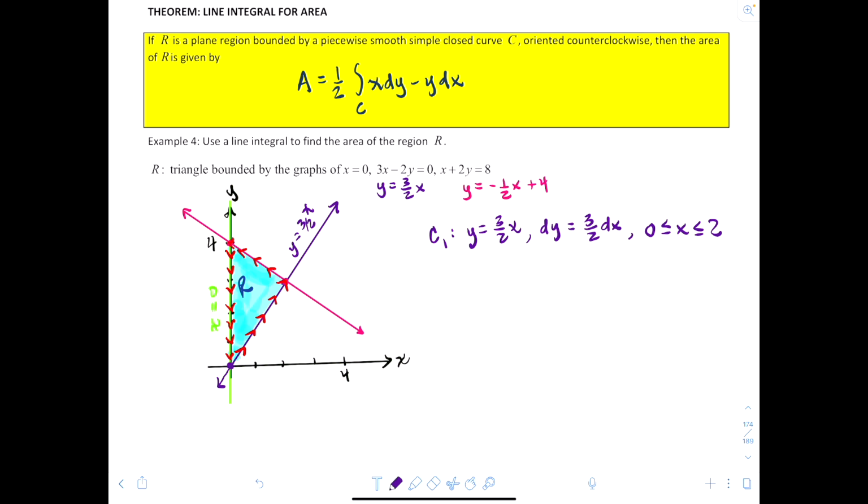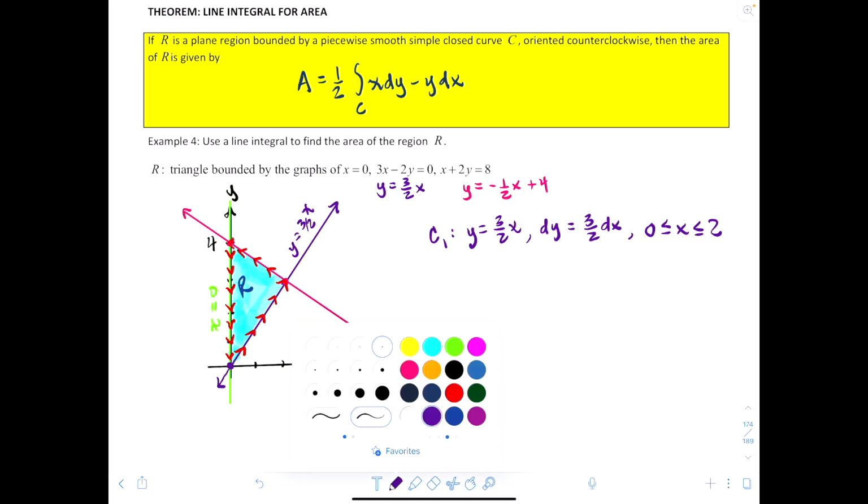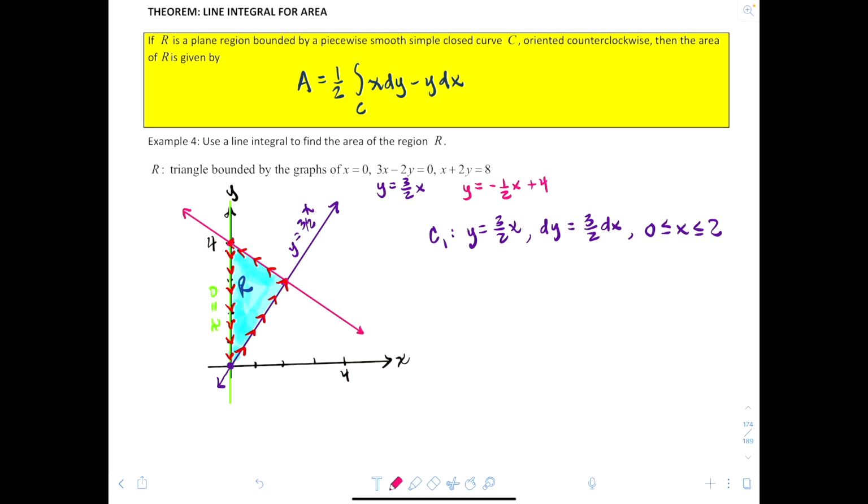Okay, so that was our first curve. Our second curve, which we did in the pink, right? Curve 2 is y equals negative 1/2 x plus 4. And so dy is going to equal negative 1/2 dx. Cool so far? And that is going on the interval where x is traveling from 2 to 0, right?